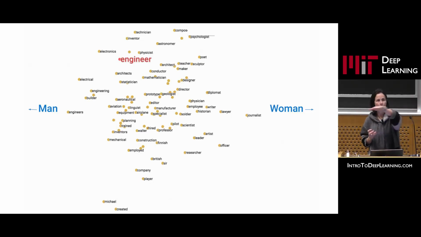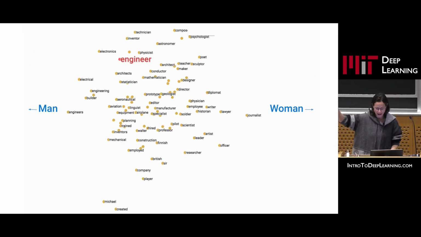Just pay attention to the x location, okay? So closer to man, I have engineers, engineering, electrical, electronics. I have a really interesting word here at the bottom, but I can't point. Michael. Michael is one of the top nearest neighbors to engineer. That's crazy.